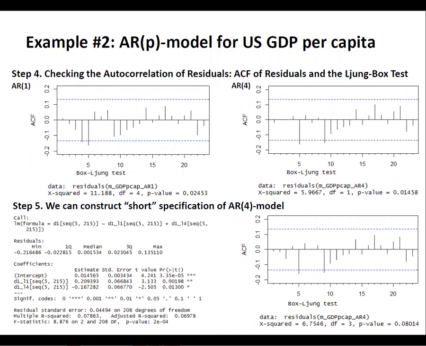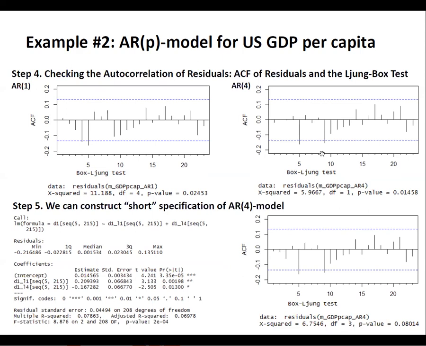Then we should check the autocorrelation of the residuals for both models. Here is the autocorrelation of residuals for the AR1 model, and we see it's significant on the 4th and 5th lag. For the AR4 model, the autocorrelation of residuals is less significant.